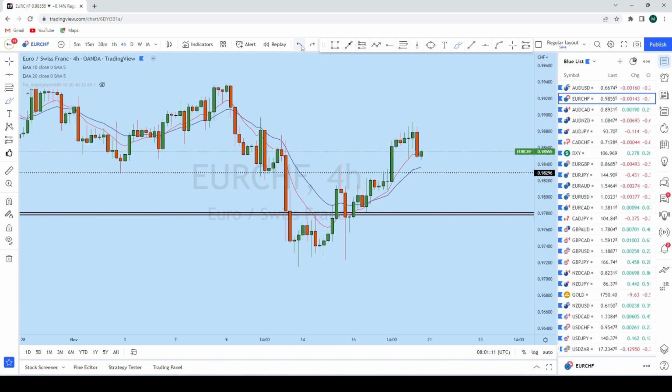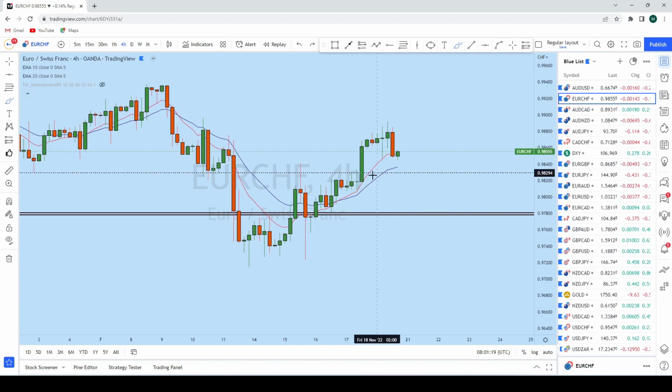With that level, we see that EURCHF has created a bullish move to the upside. Now it has come for a deeper retracement to this level, where we are expecting EURCHF to drop a little further down to test probably this 20 EMA, which is aligning with the previous resistance zone, this dotted line, which we found based on the daily time frame.